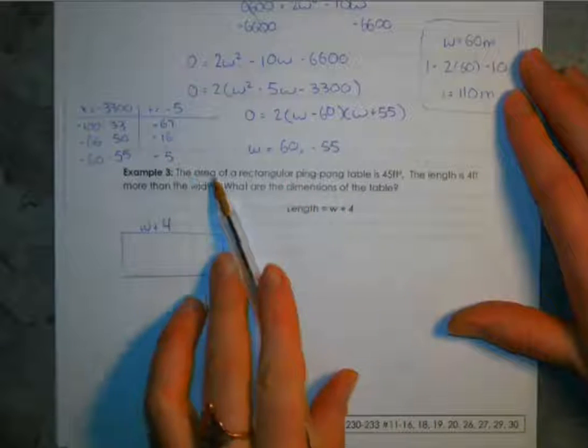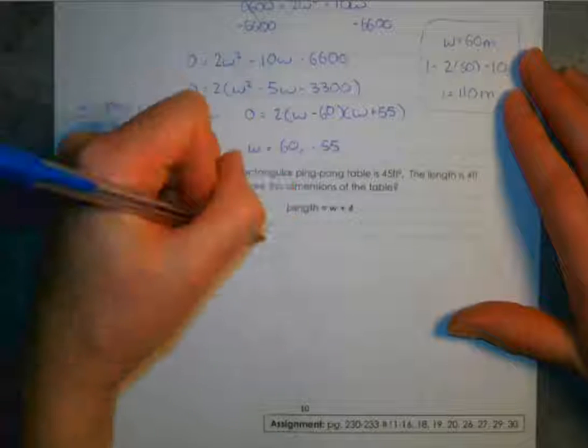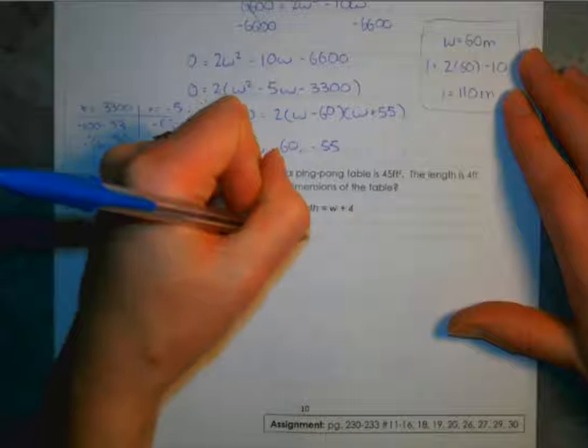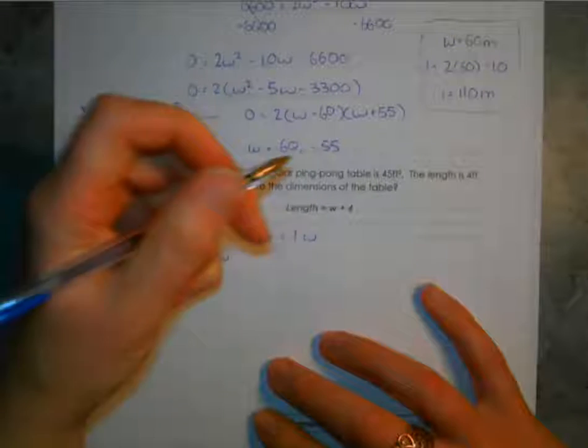So again, because we're given area, we know that we can look at area equals length times width for any rectangular shape. And we're given a value here for area.